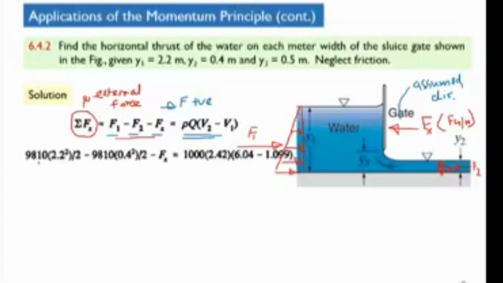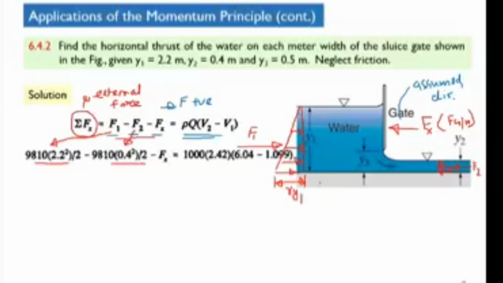Now you can plug in the values. So we can calculate these forces F1 and F2. How can we calculate F1 and F2? We already know from geotechnical engineering as well as from fluid mechanics that this is equal to gamma into Y1.